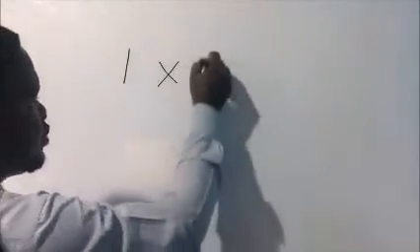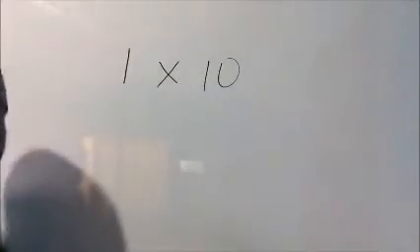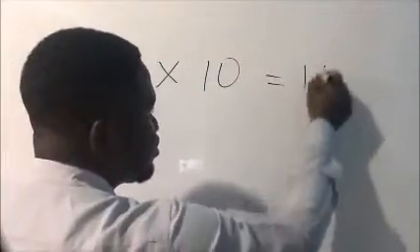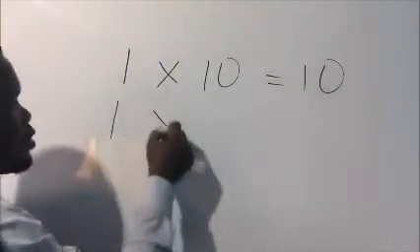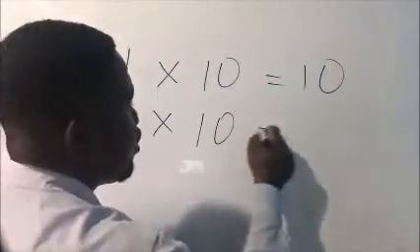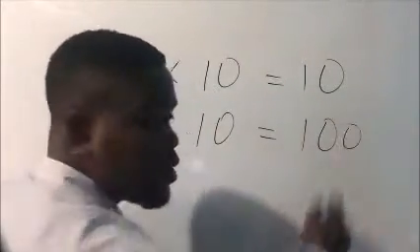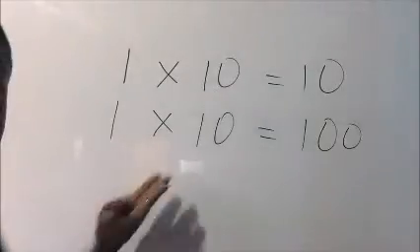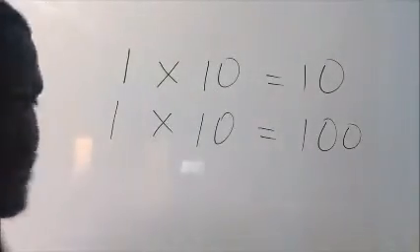Look at this. We have 1 times 10. Obviously, you know our answer is 10. 1 times 100, obviously, it is 100. But let's look at what happened to it before you got the 10.